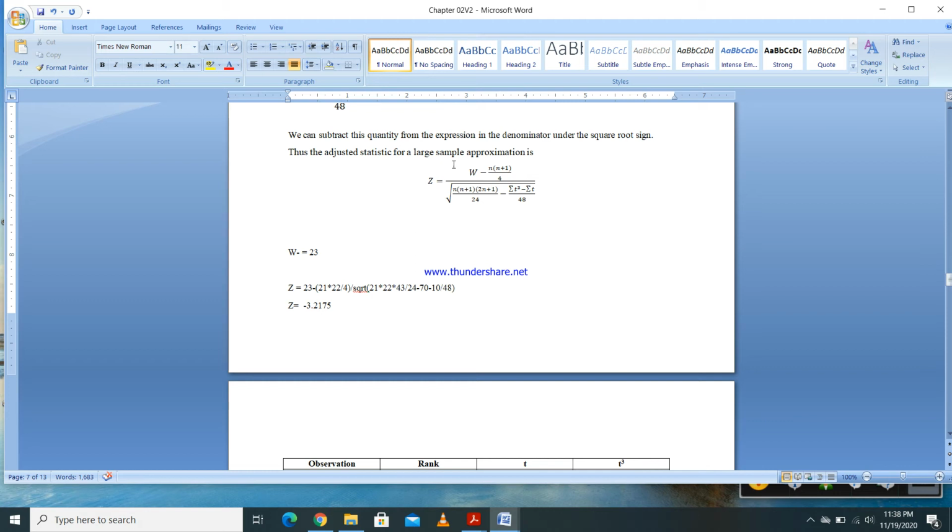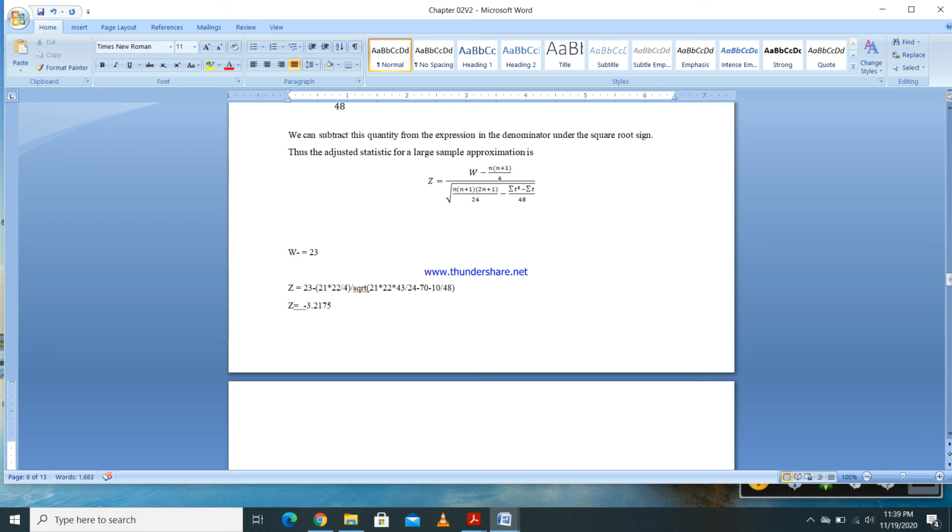Since this is coming from the standard normal distribution, we can take the cutoff value as z 0.05.